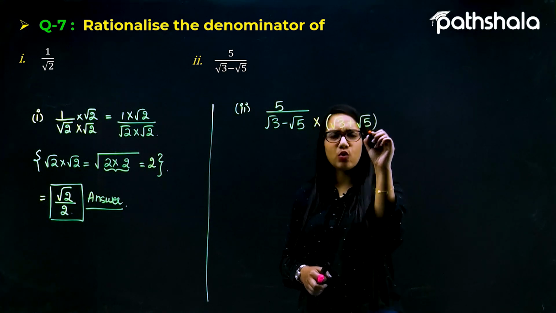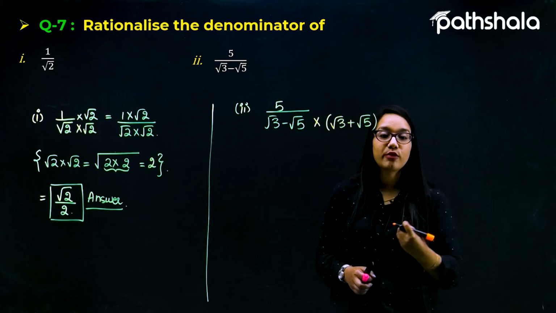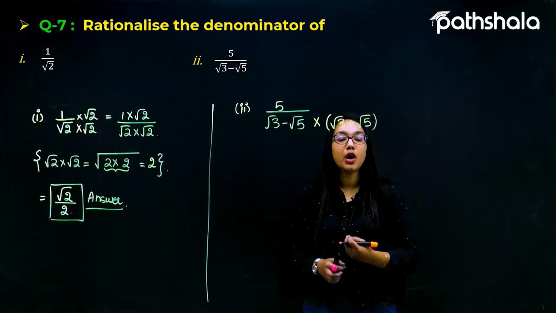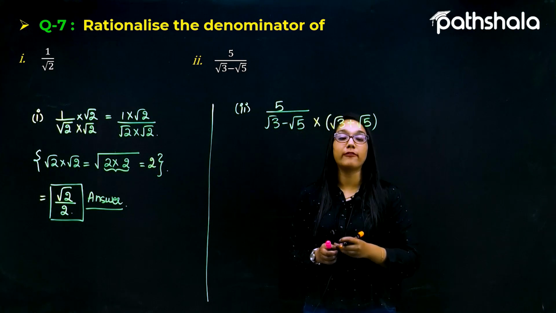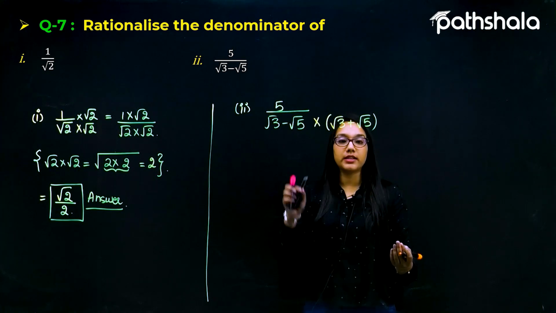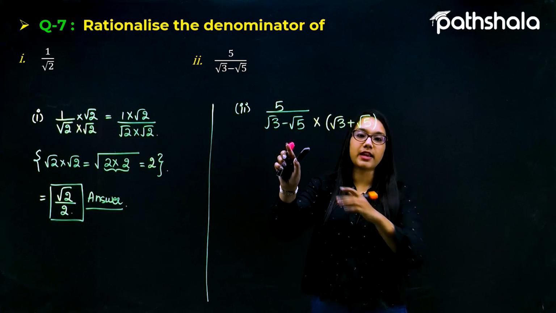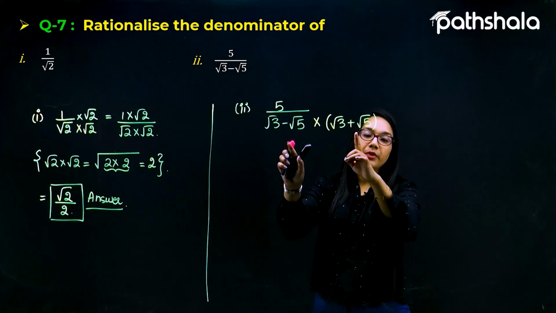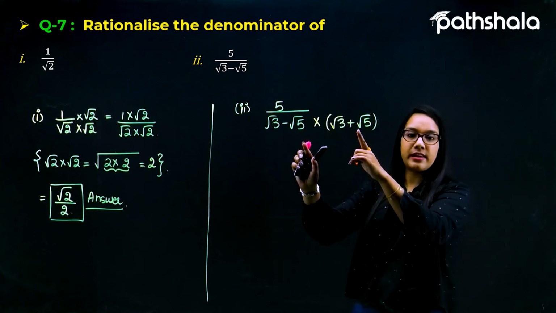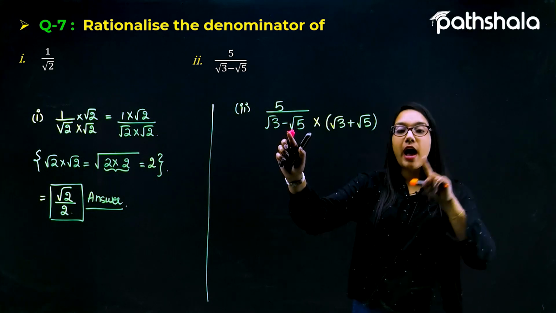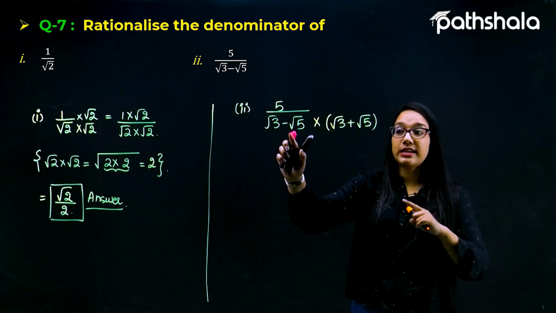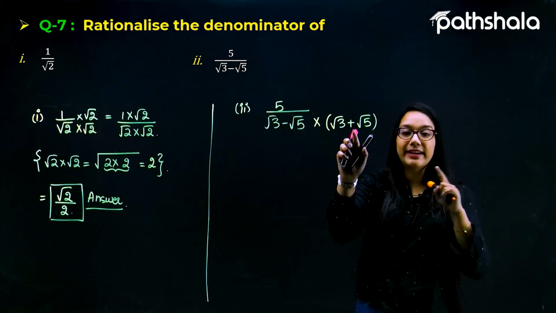Always remember, whenever we have such irrational numbers in the denominator, multiply with an irrational number which has the opposite sign. If there is a negative sign, we multiply it with a number that has a positive sign in between. If the sign is positive, then we rationalize it with a number that has a negative sign in it.